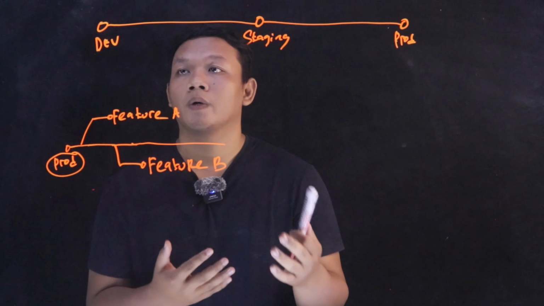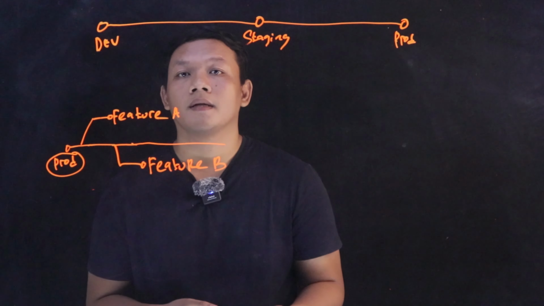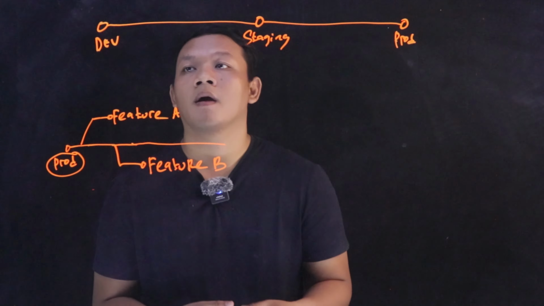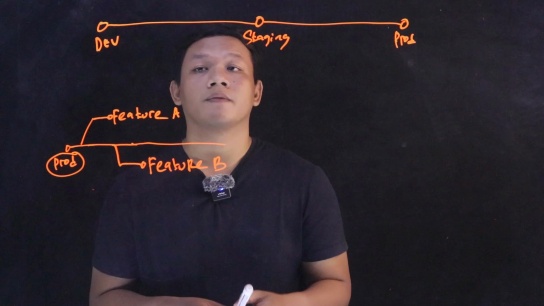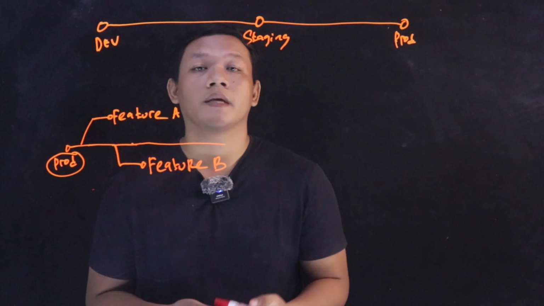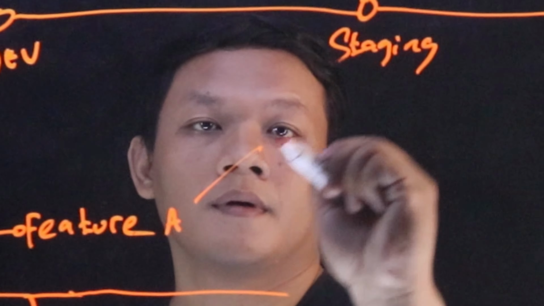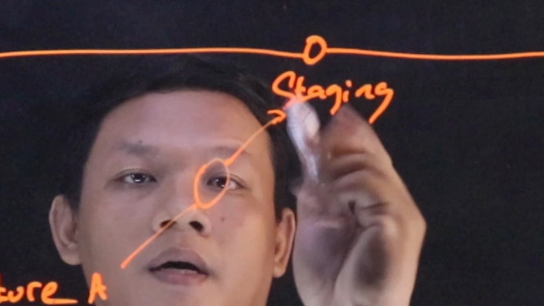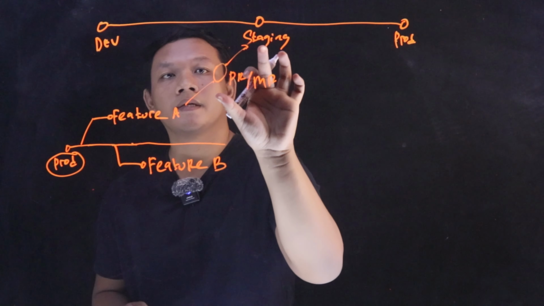Let's say your work is verified by QA on the dev environment and the QA person marked this specific feature to be pushed to the staging environment. This is pretty much the same thing that you have to do. You have to create a PR or MR to the staging environment.